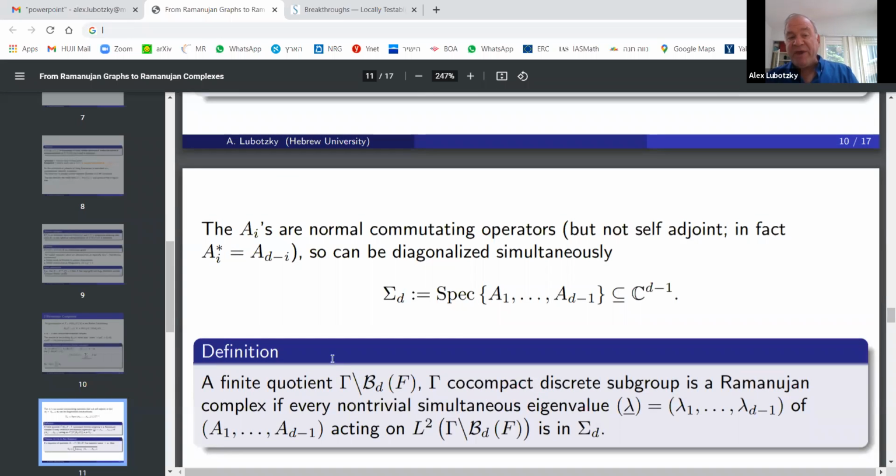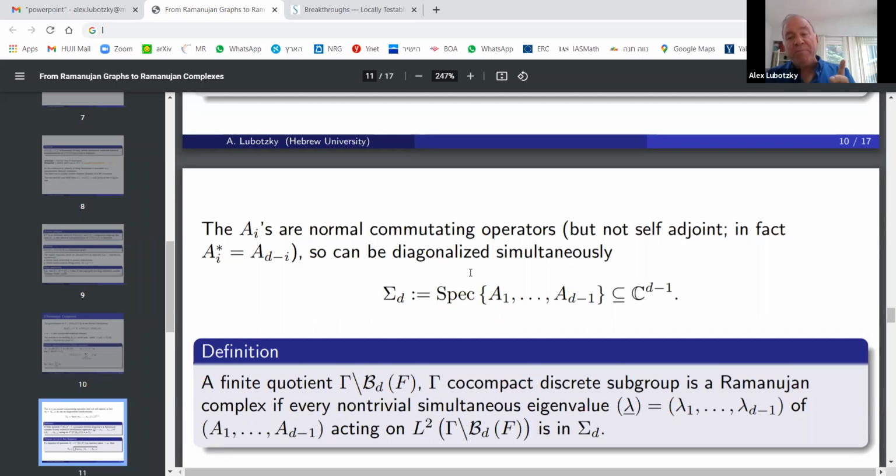In fact, the adjoint of A_i is A_{d minus i}. So the eigenvalues are not necessarily real, but they are at least normal commuting operators, so we can diagonalize all of them simultaneously.